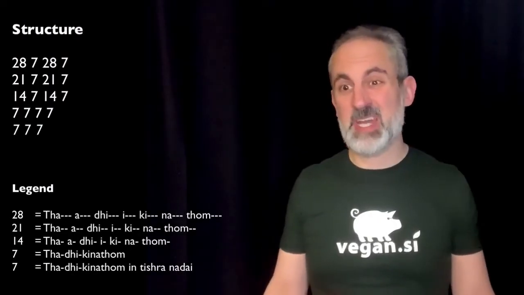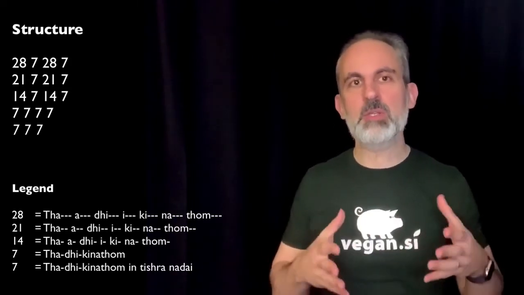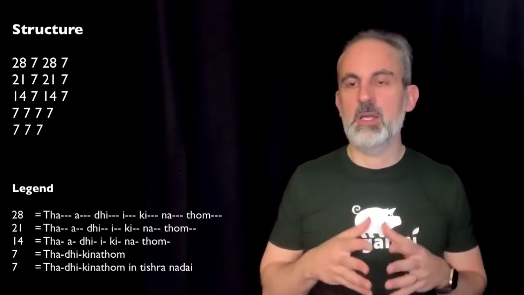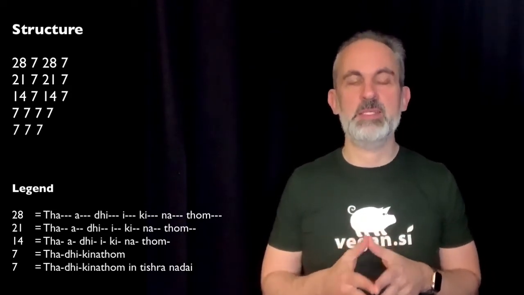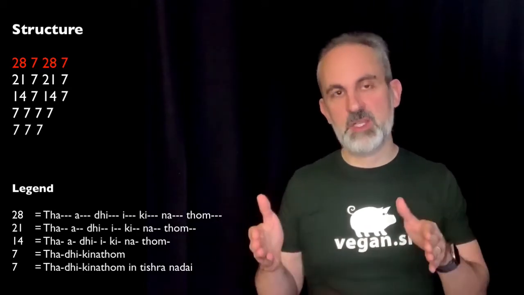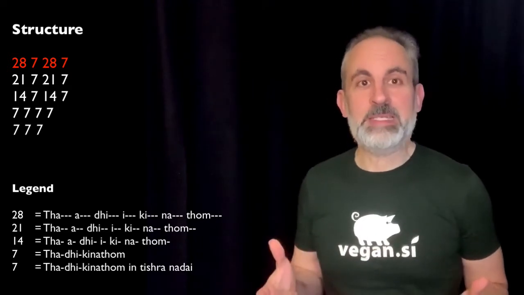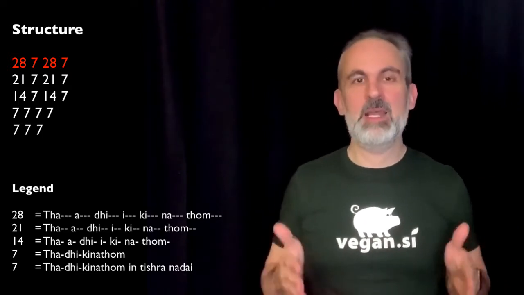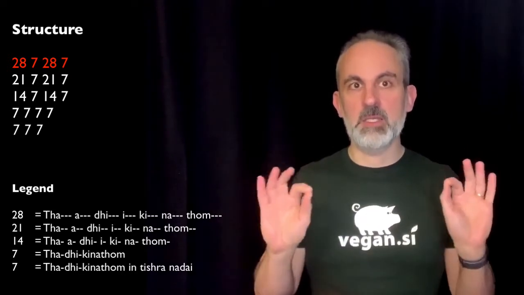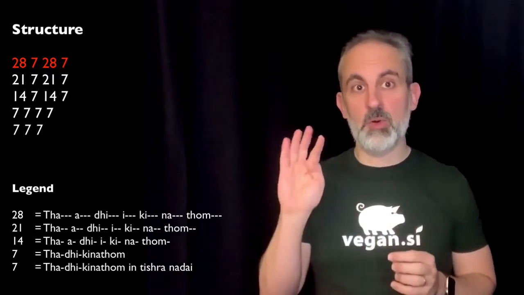There's not much to say in terms of structure because we are continuing a series, so the structure remains the same. In this example, on the first line, we have a phrase for 28, then a phrase for 7, 28, and 7. The phrase for 28 is the expansion of our main phrase, Tha-dhi, kinathom, so that each syllable spans 4 beats.